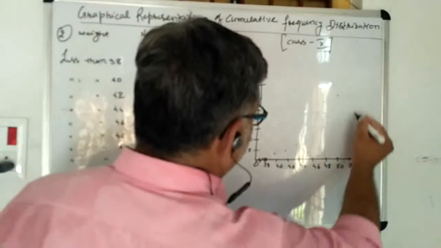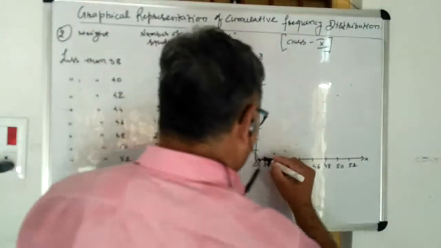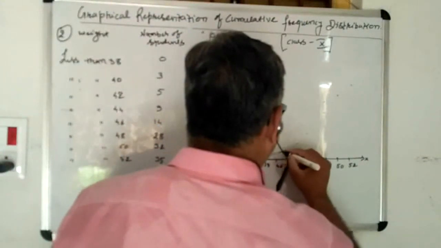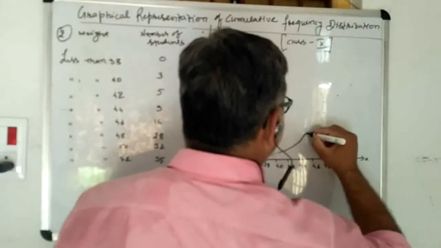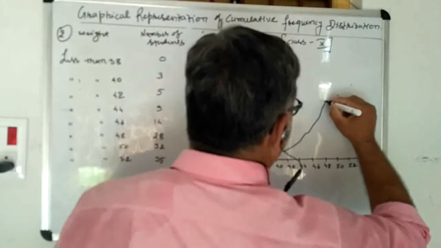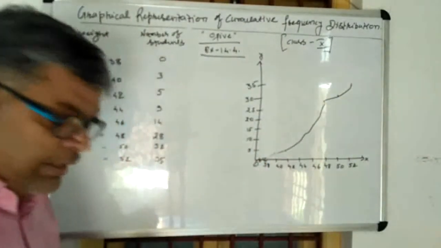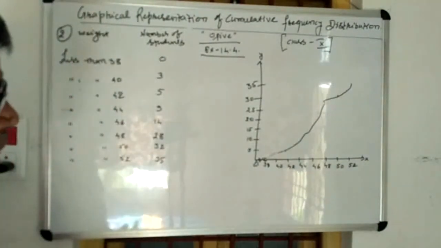For 52, it is 35. Now you have to join the points by a smooth curve in this way, and then you will get the required ogive for this distribution.